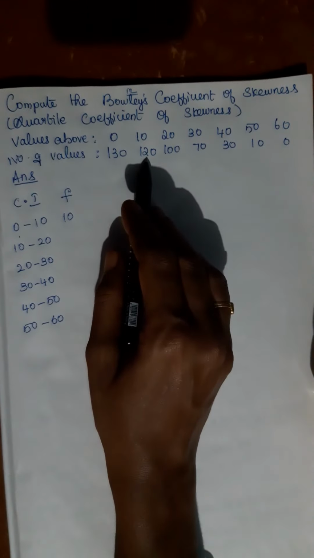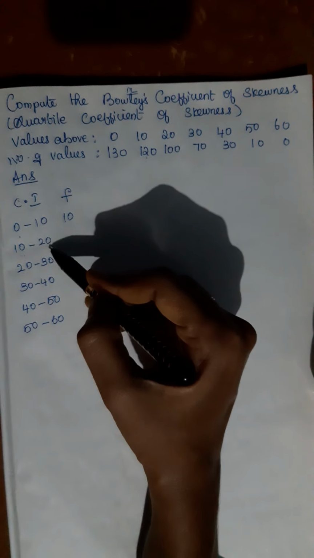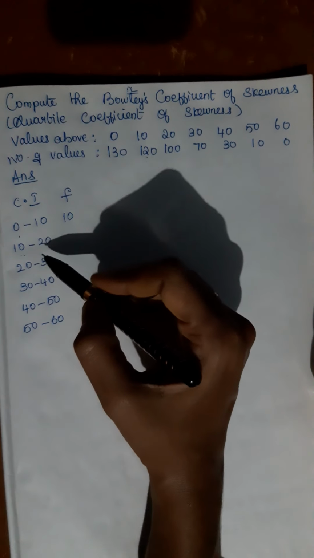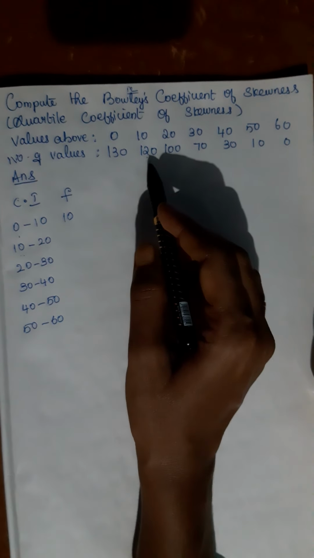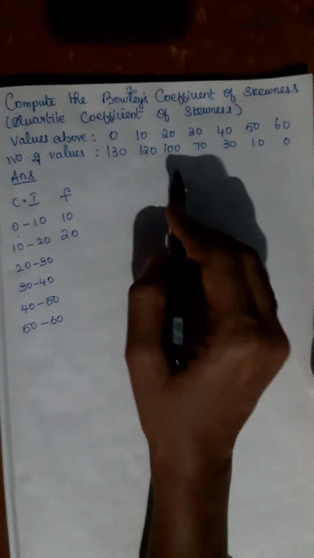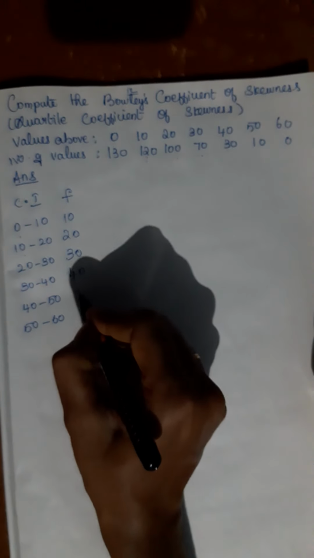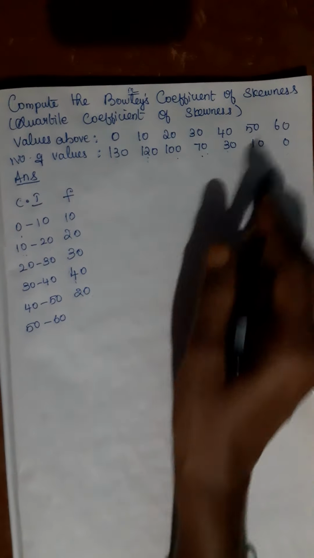For 10 to 20, I need the values which are more than 10, that is 120, but if they are more than 20, I don't want them. 120 minus 100, 20. 100 minus 70, 30. 70 minus 30, 40. 30 minus 10, 20. 10 minus 0, 10. That's all.